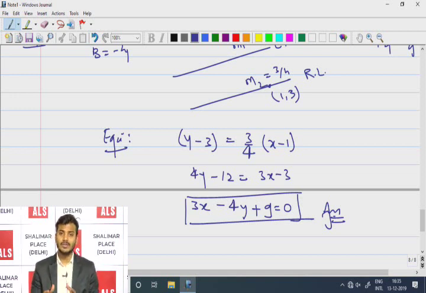Then what is the slope of the required line? That will be minus 1 over m, from the perpendicular condition. So you have the slope value and some point will be given to you, or maybe some other information, so you can find it that way also. Clear?